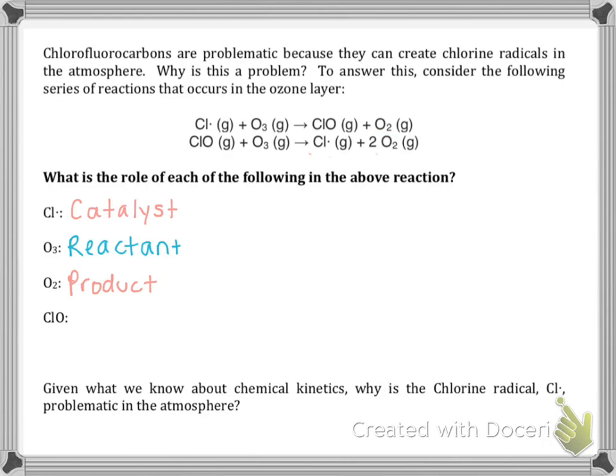Okay. And then this ClO, we find it first on the product side and then on the reactant side. So it gets produced and then used up. And so that's going to be an intermediate. So it can be somewhat easy to confuse the catalyst and the intermediate, so be careful. But catalysts get used and recreated, whereas intermediates get created and then used up.